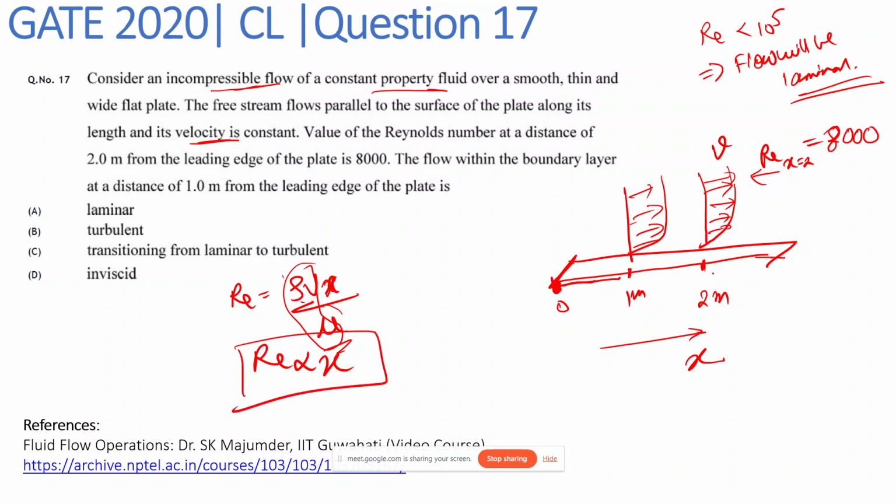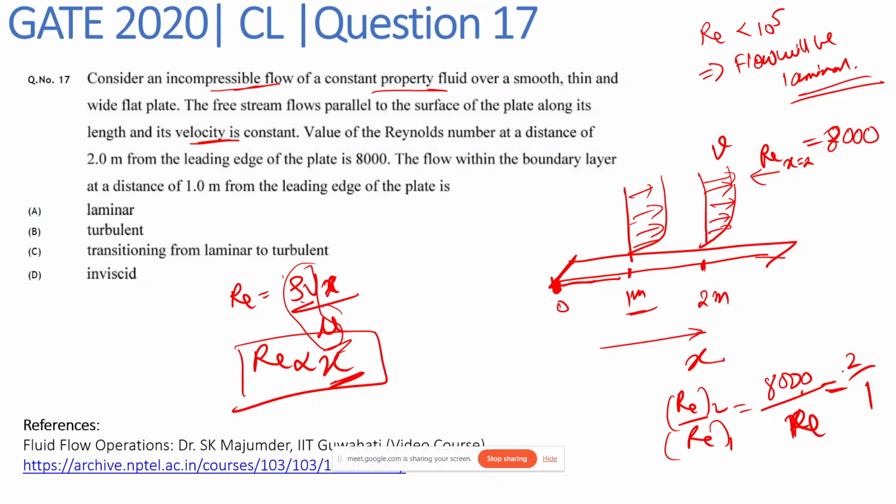Now we have been given that the Reynolds number is 8000 for a distance of 2 meters, that is Re2. So we can find the ratio of the Reynolds numbers at 2 meter and 1 meter, and from that find the Reynolds number at 1 meter. That is, Re2 upon Re1 is equal to the ratio of their distances x, that is 2 by 1.